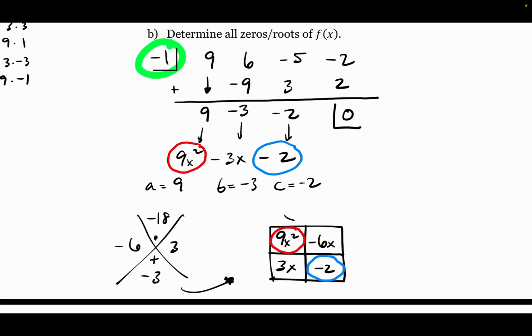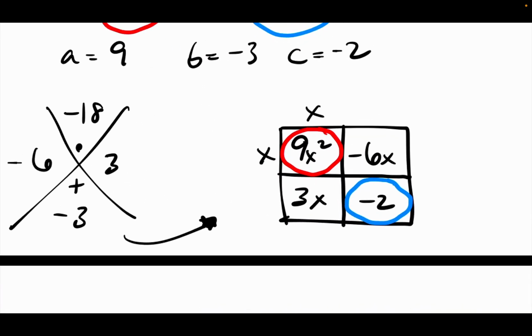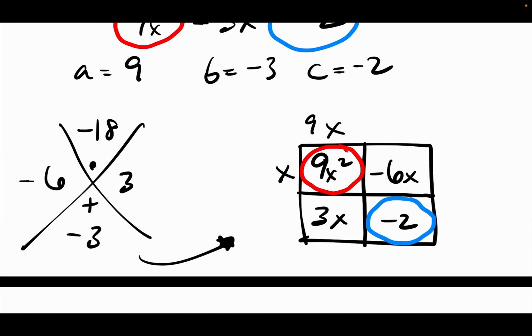So I know it's going to be x times x. So there's two ways to make 9 using multiplication. 9 times 1 and 3 times 3. Which one's going to work for this guy? For example, if I put a 9 here, it's not going to work because it doesn't fit into 3.